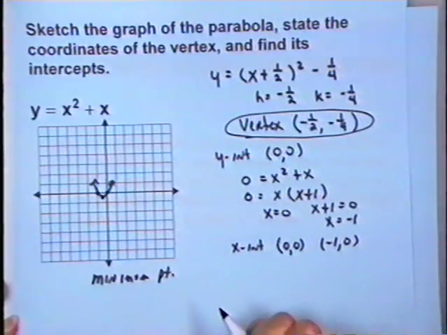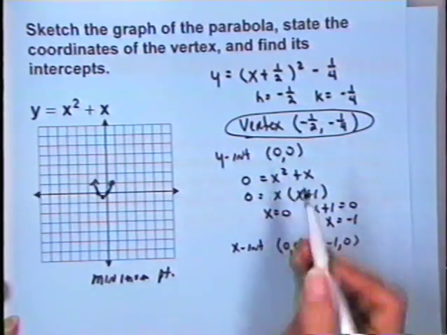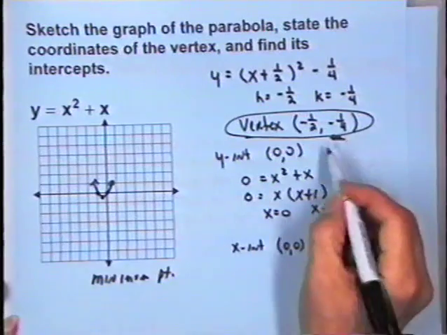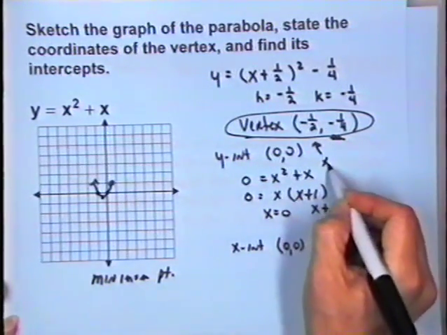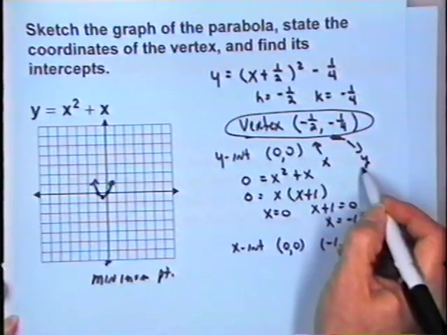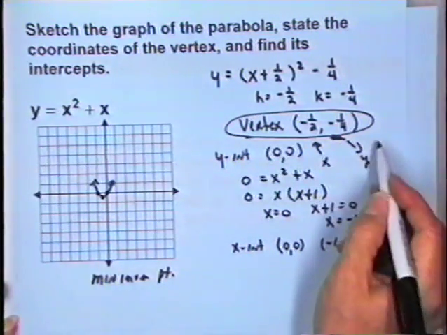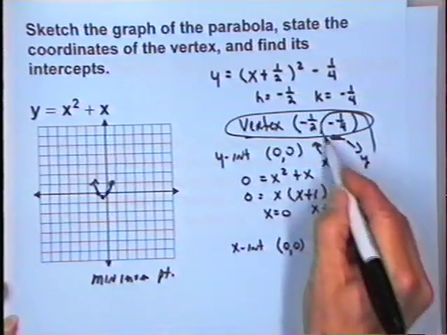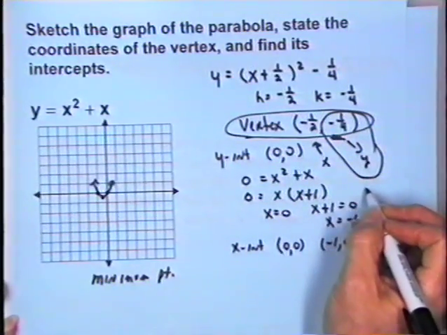Now, at that minimum point, where does that occur? It occurs at this vertex. This is the x value that I put into the function, and this is the y value that I get out of the function at that point. So this y value is my smallest y value.